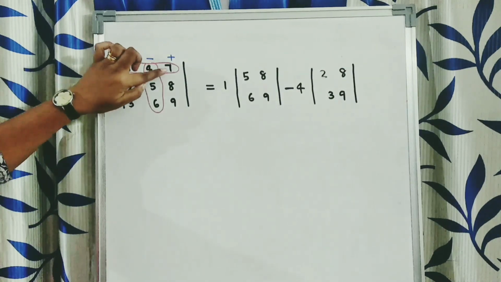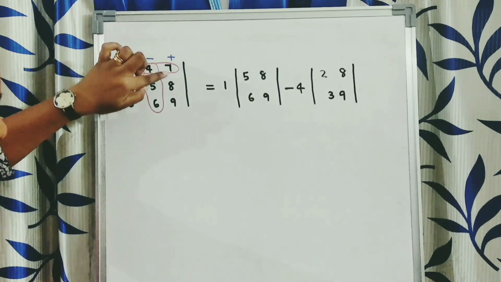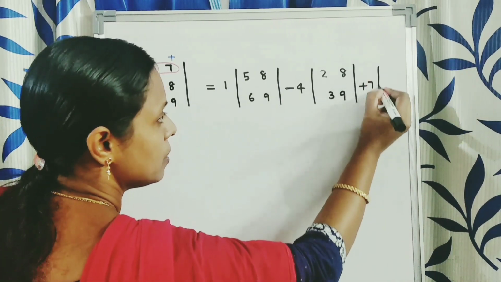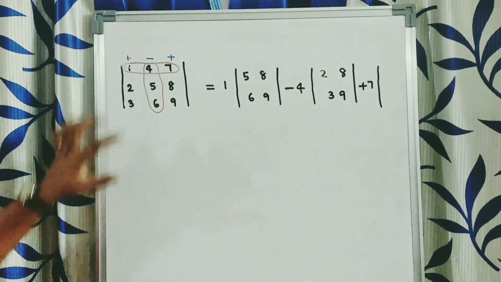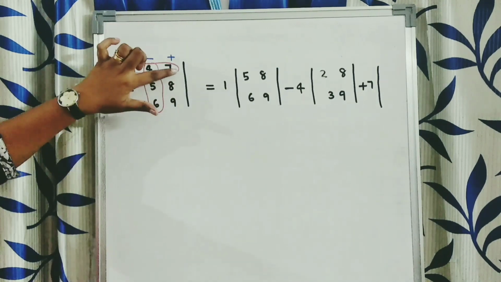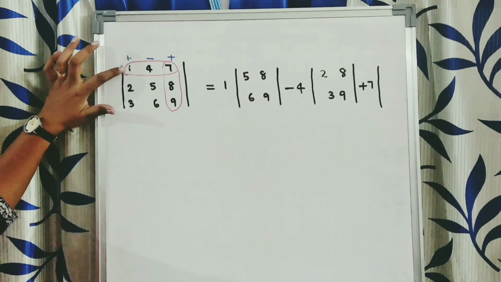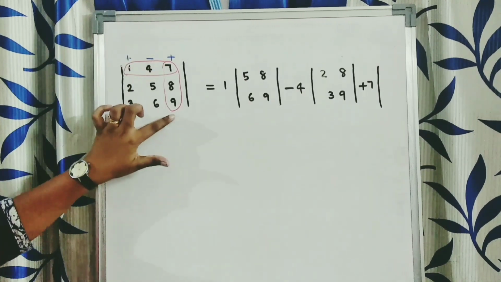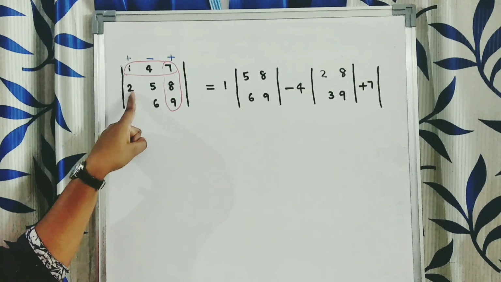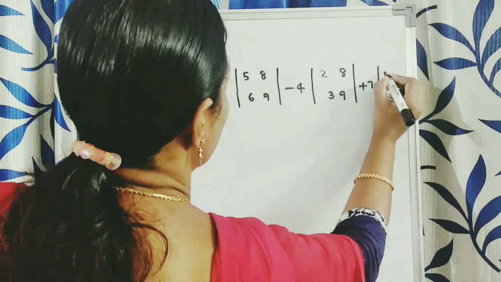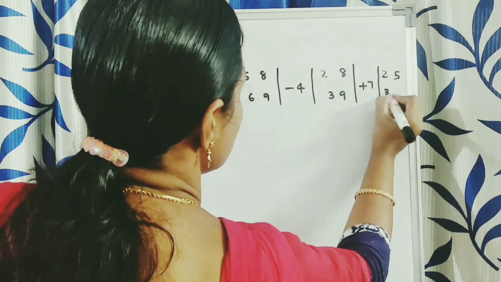Next element is 7, which is positive, so plus 7. Next we delete the first row and third column. The remaining elements are 2, 5, 3, 6.